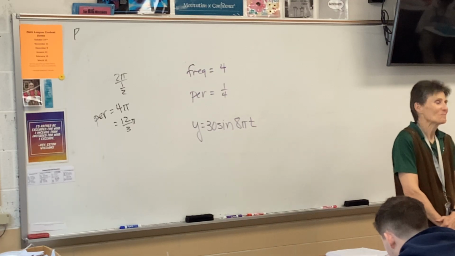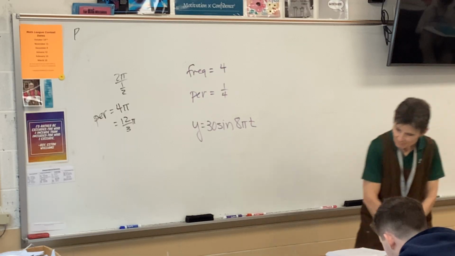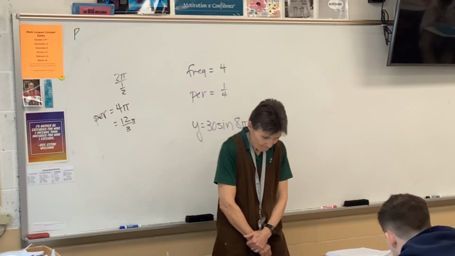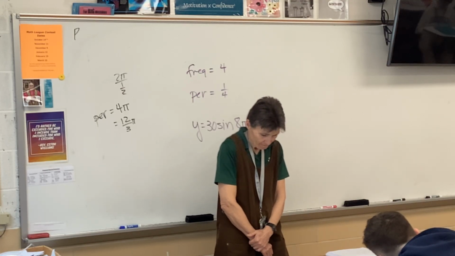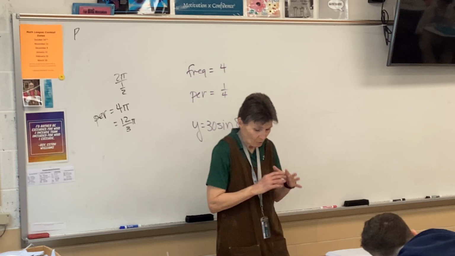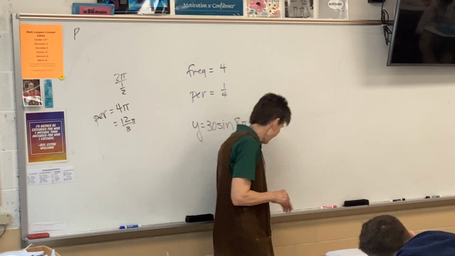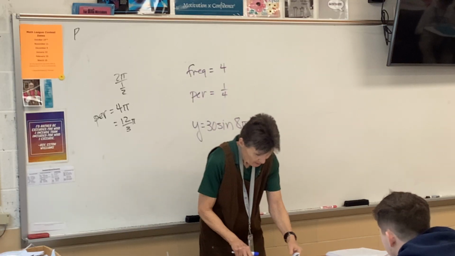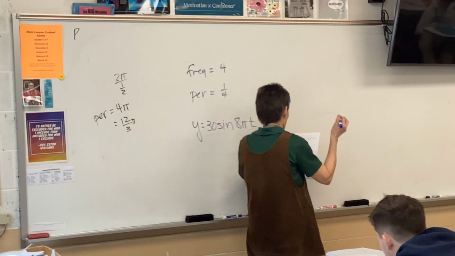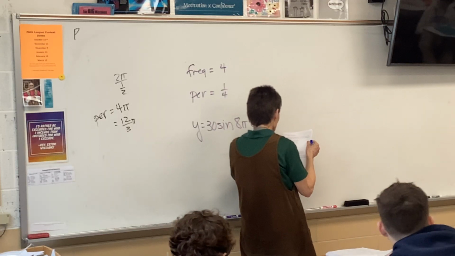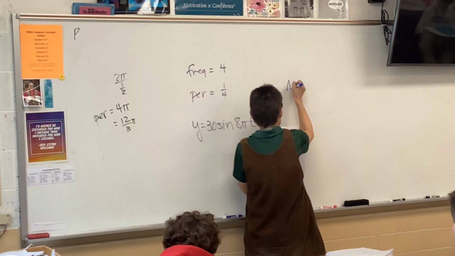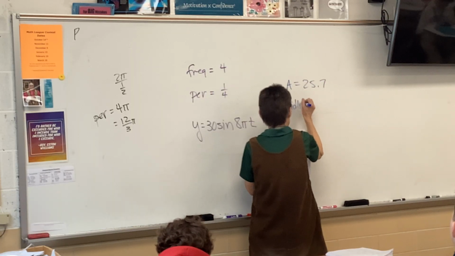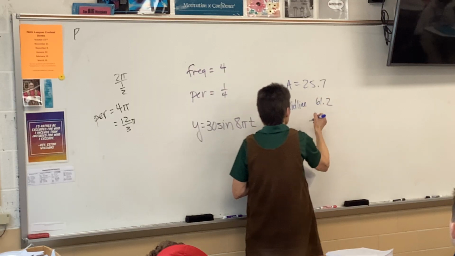What's your idea for example 5? I said C, by subtracting the amplitude from the midline. Okay, so you looked at your equation, B, and you said that the minimum, since the amplitude is 25.7 and the midline is 61.2.